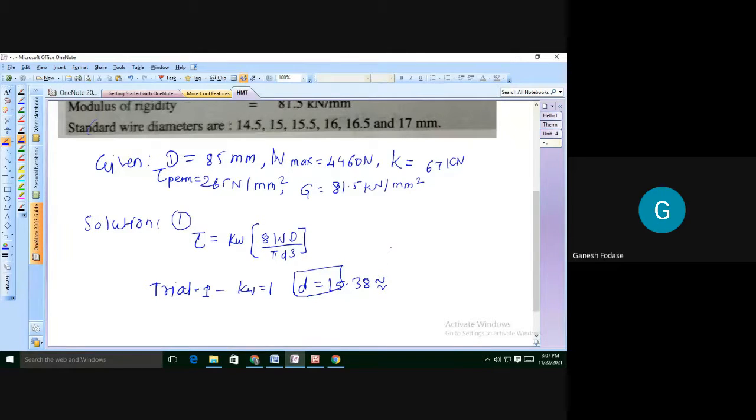You can see the diameters here: 14.5 is given, then 15, then 15.5, 16 is given. Out of this, what can we take? The nearest one is 16 mm. So d is equal to 16 mm. This is our first answer.